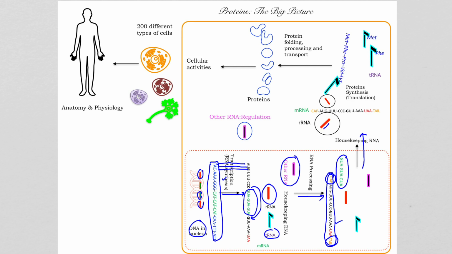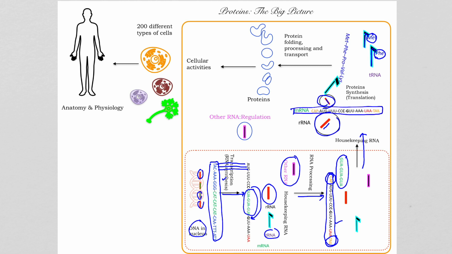The ribosomal RNA together with proteins form the ribosome. The transfer RNA will be attached to specific amino acids, and the mRNA will then be read.